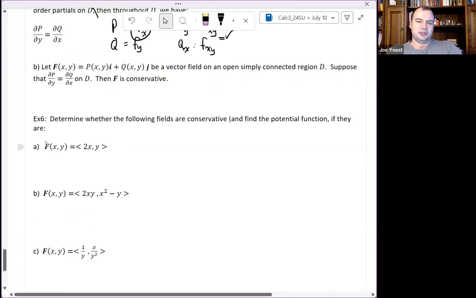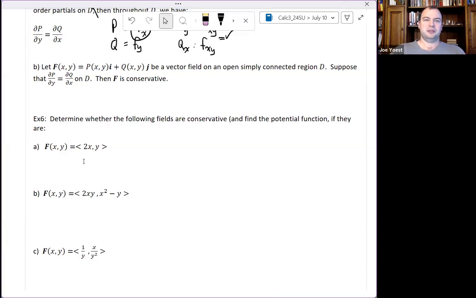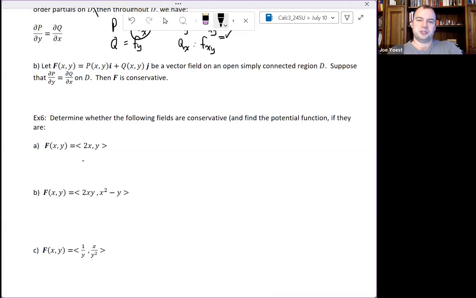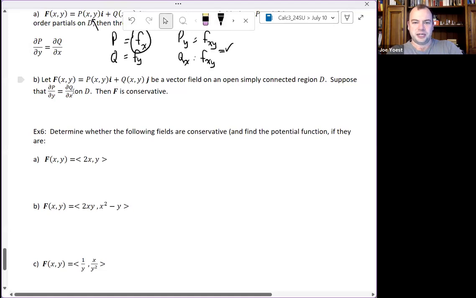Okay, so this one we saw last time. We actually know this one is conservative because we started with a potential function and took its gradient. But let's see if we could reverse engineer that. Instead of just guessing the potential function and figuring out that this was its gradient, can I do it in a more systematic way? Well, let's first check.